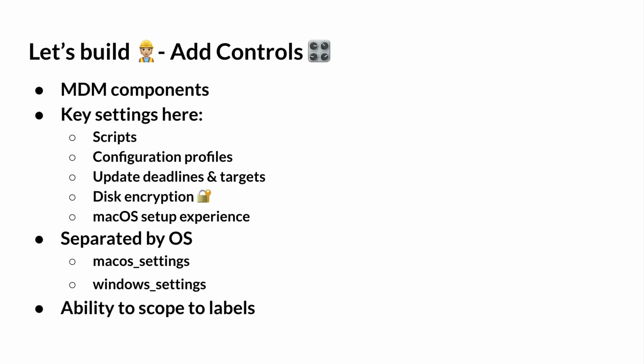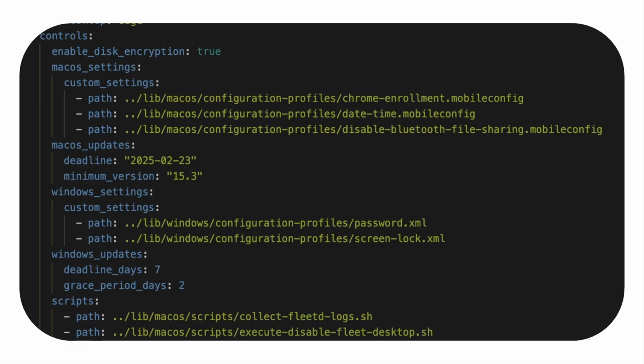And we didn't cover it off quite yet, but there's this concept of labels, which are further ways to scope and apply things to devices. And so you can use labels to scope things like configuration profiles. Again, all in code. And for those of you that are coming from Jamf or have used Jamf, I would say the closest analog would be static or smart group.